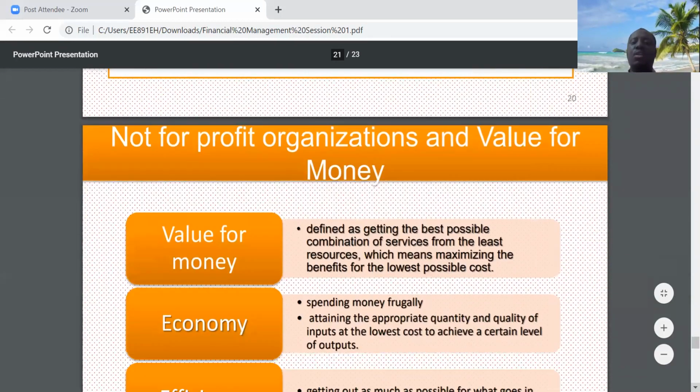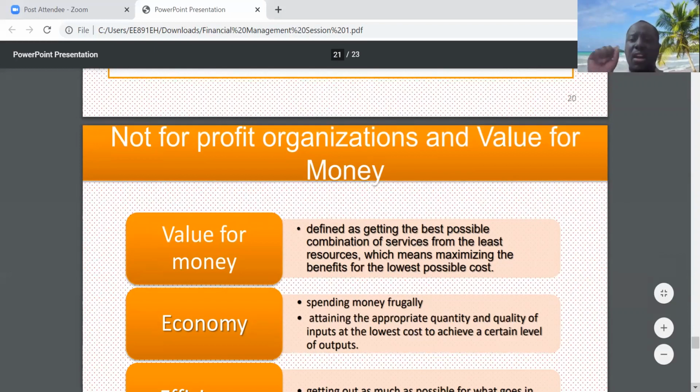Then let's talk about not-for-profit organizations and value for money. Financial management is very, very important when it comes to not-for-profit organizations. Their primary purpose is not to make profit, but certainly they are funded by donations, and so they need to manage their resources properly.